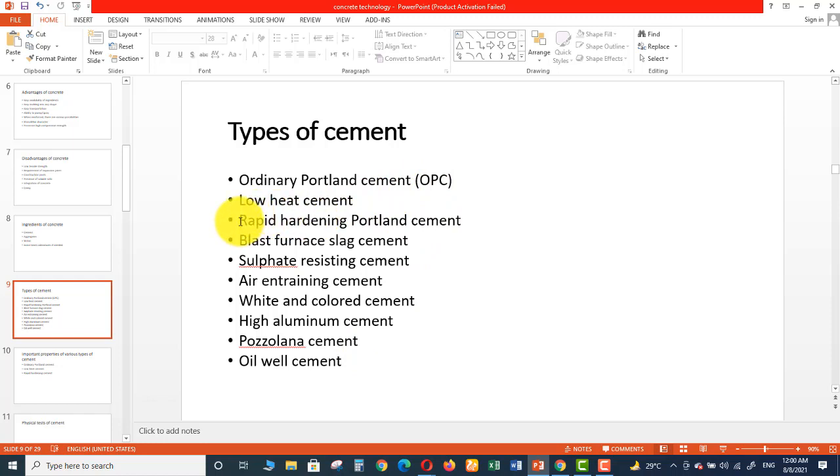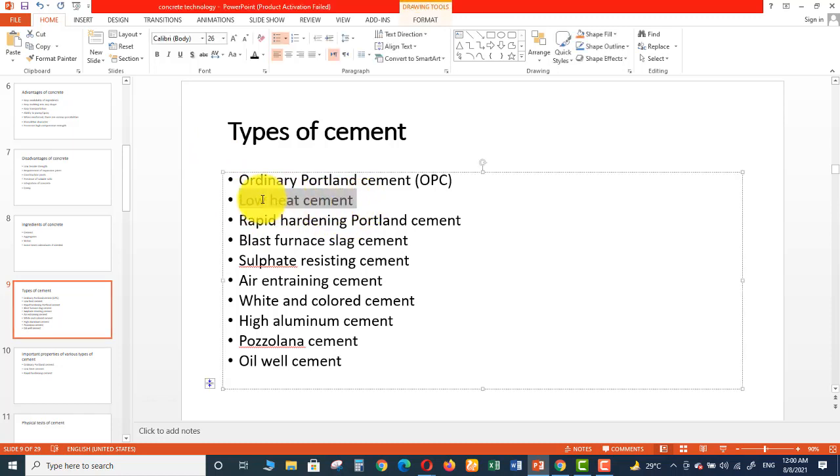And then next is low heat cement. As its name is showing, low heat cement actually contains a low percentage of tricalcium silicate, which hydrates quickly, and dicalcium silicate, which hydrates slowly, right?